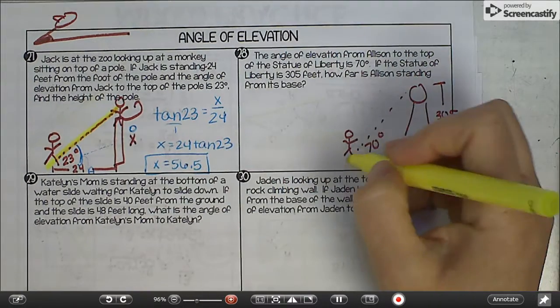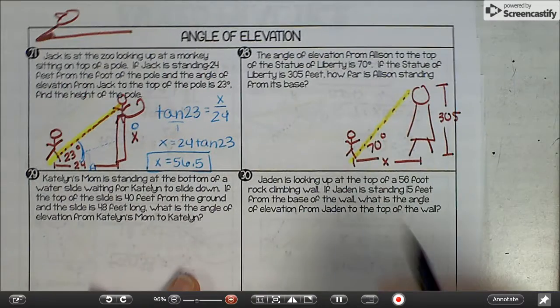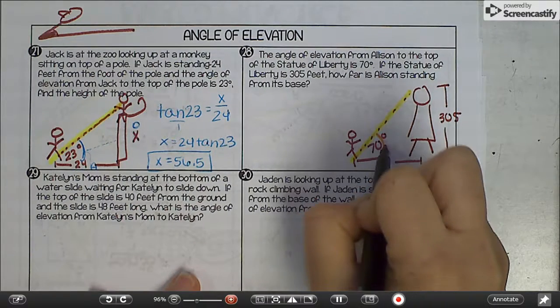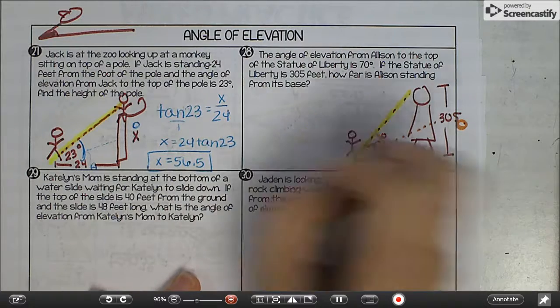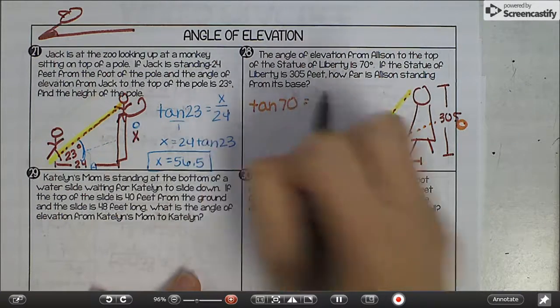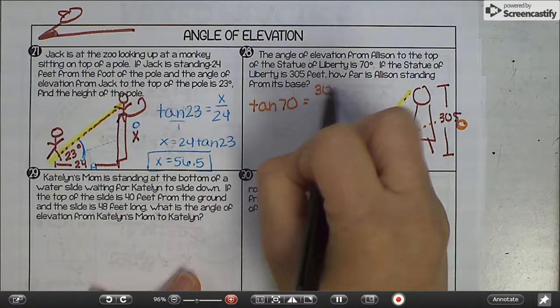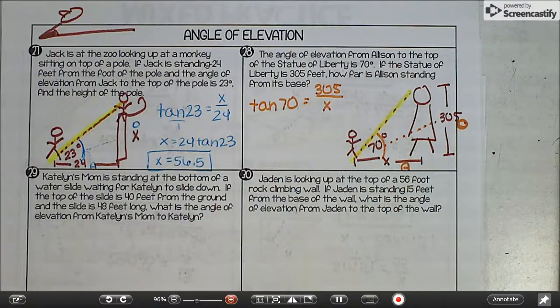So we have our hypotenuse, which again doesn't have anything on it. This lady is obsessed, the person who makes this, with tangent apparently. We're going to stand on our angle and look. We do have the opposite and adjacent. So it's going to be tangent 70 equals 305 over x, which represents how far Allison is from the pole.